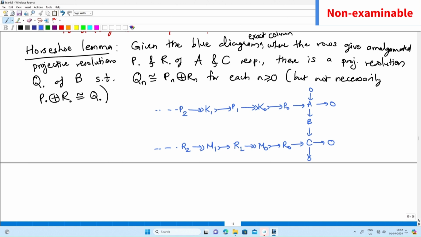So given this blue diagram, we can complete it to a diagram. The vertical things are the obvious ones, I'm going to draw them in the obvious way. So projective modules, everything is nice. So this is P0 direct sum R0. What is the map here, P0 to P0 direct sum R0?